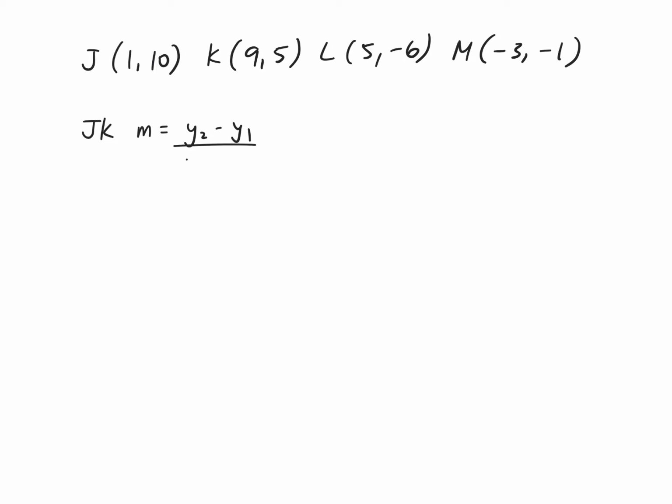y2 minus y1 over x2 minus x1. And we want to see if that is parallel to which slope? ML, thank you. So you're going to find the slope of ML. And then we want to see that JM, right, is parallel to KL.